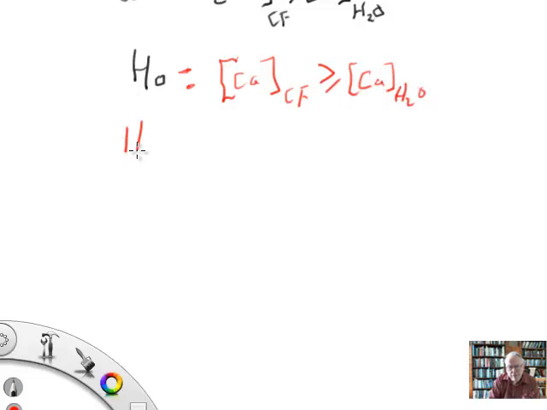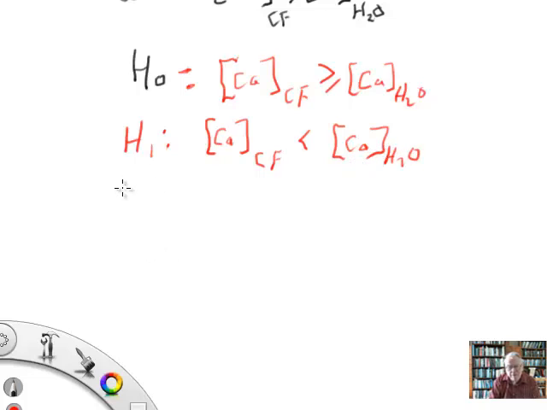My research claim, my alternative hypothesis, is that the concentration of calcium in the coelomic fluid is less than the calcium concentration in the water in which they are found. And I want to test that.